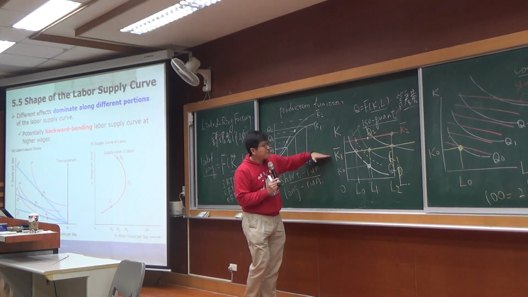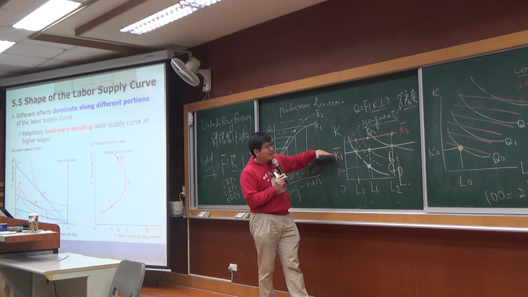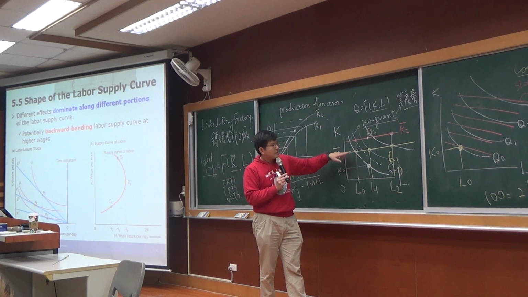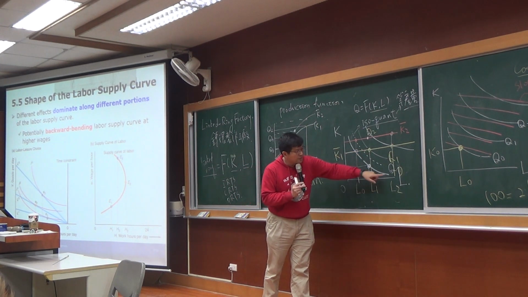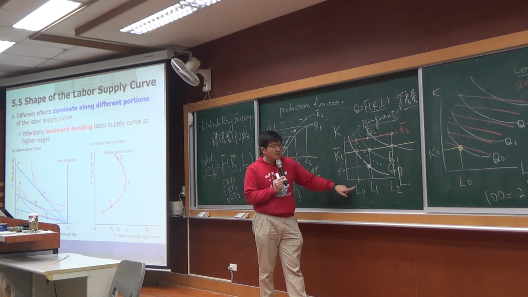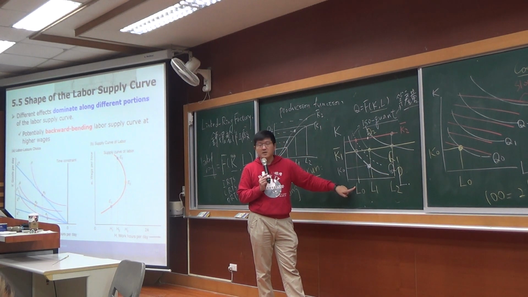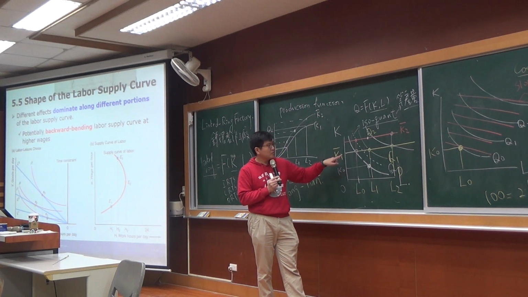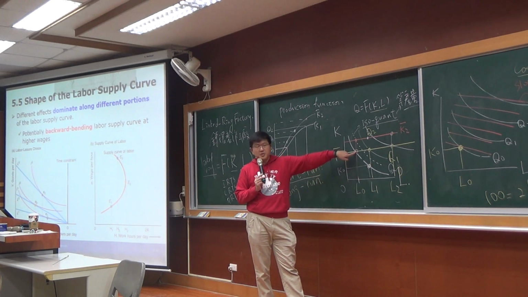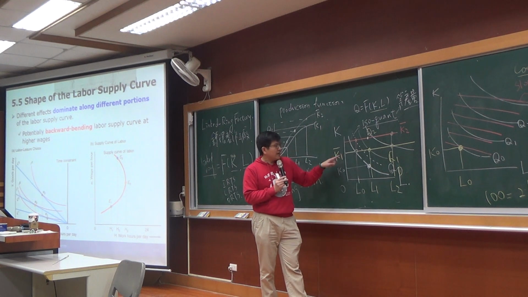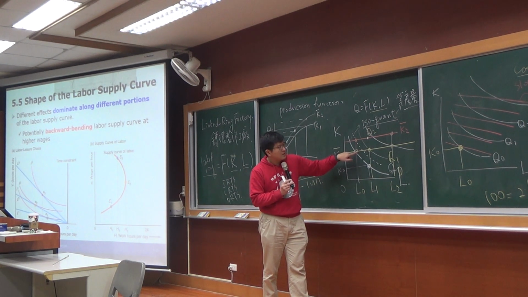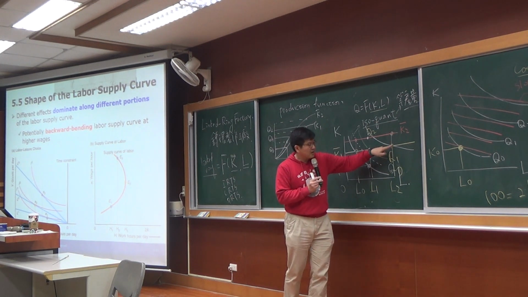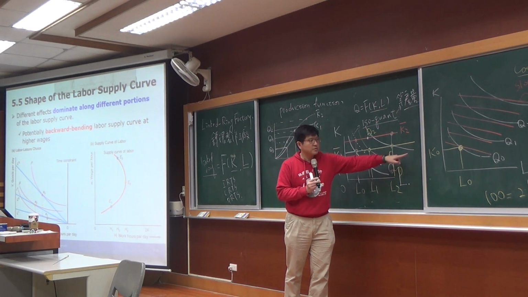And if we fix the level of capital, if we want to produce Q0, the labor we need is at least L0. So the combination of L0 and capital K1 bar can produce Q0, and capital K1 bar with L1 can produce Q1, with L2 can produce Q2.